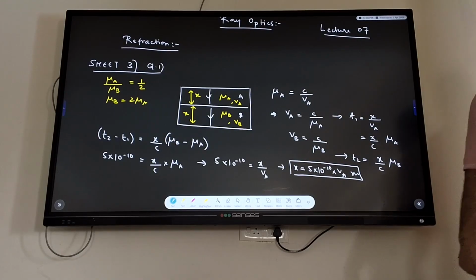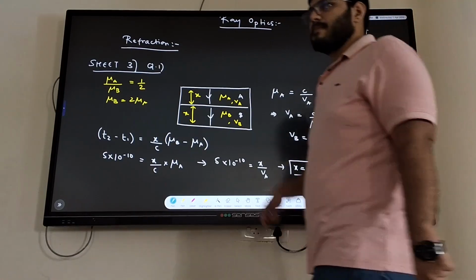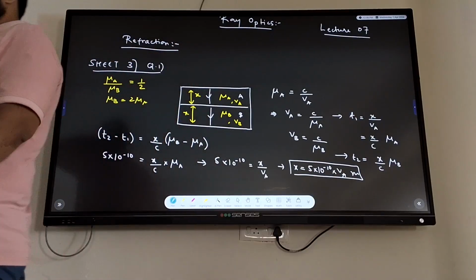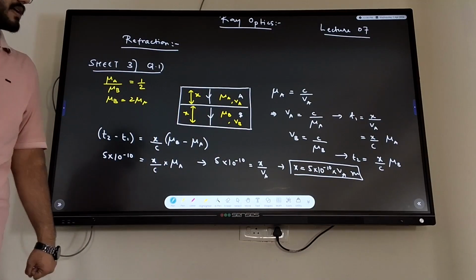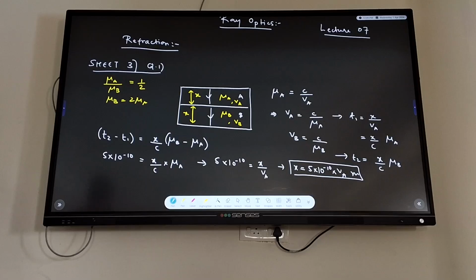If you have understood this, then go for question number 2. Let me give you 3 minutes for that, and then we will start.